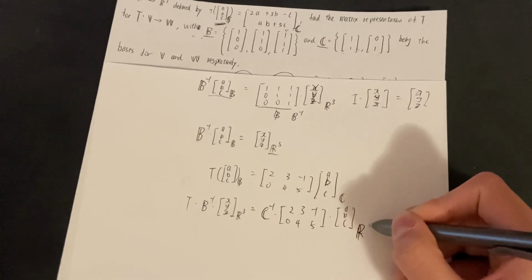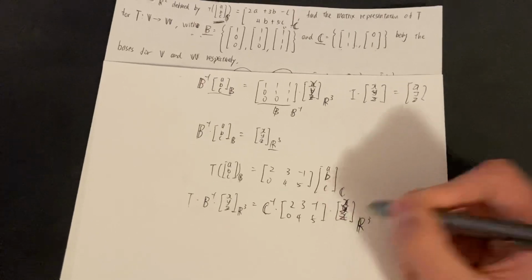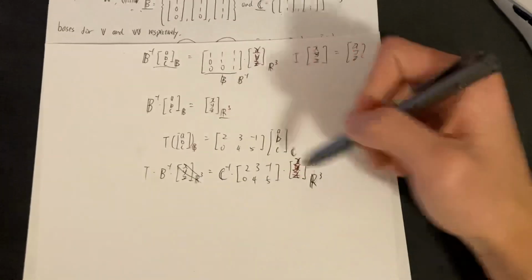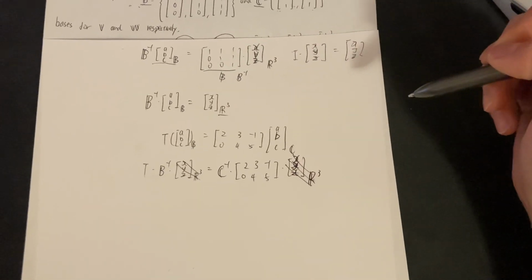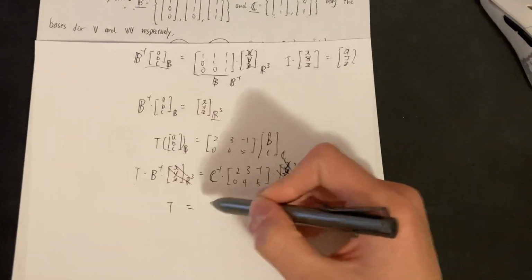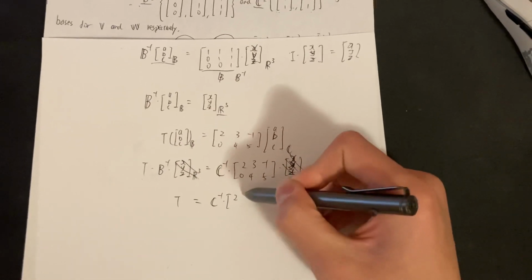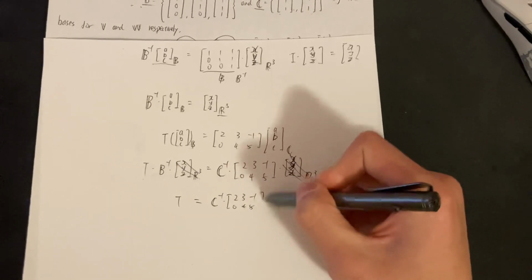It's not C anymore. It's elementary x, y, z, the elementary basis. And you can times both sides by the inverse and cancel out, leaves you with that. So T equals C inverse times 2, 3, -1, 0, 4, 5 times B.